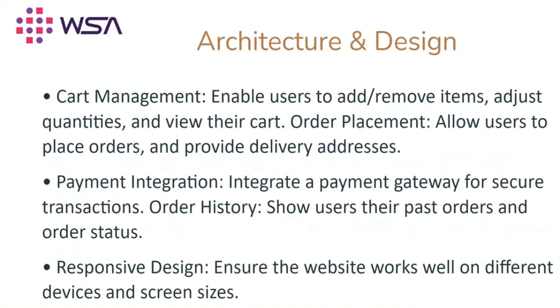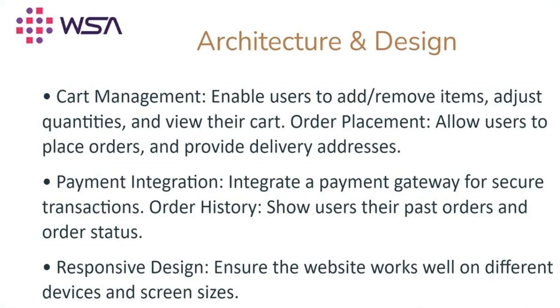So when we come to cart management, it enables us to add and remove items and adjust the quantities. If we require two or more, we can increase; if we require less, we can decrease it. And we can also see how many things we have ordered recently.